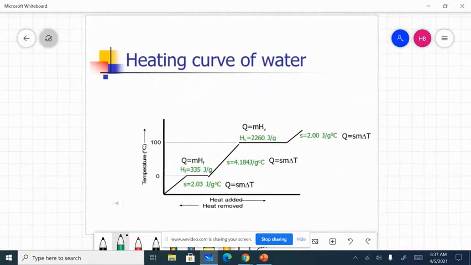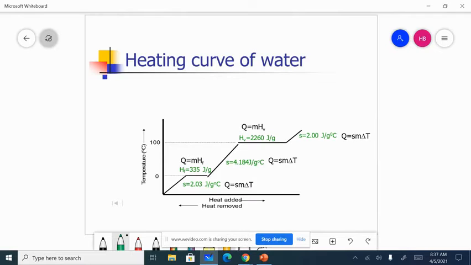So the next thing you want to do is get your heating curve out. Notice that in each individual area of the graph, we have 1, 2, 3, 4, 5 sections of the graph. Each one of them gets a different constant.